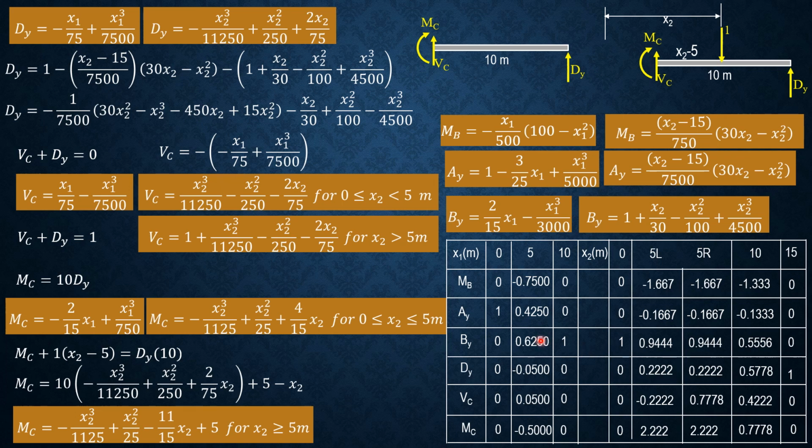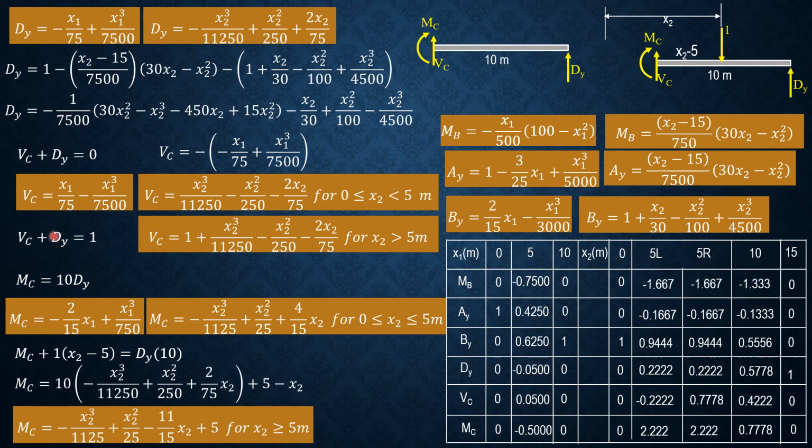BY when x is 5, you just substitute here, x1 is 5, you will get 0.625 for BY. And when x2 is 10, substitute here, you will get 0.5556.